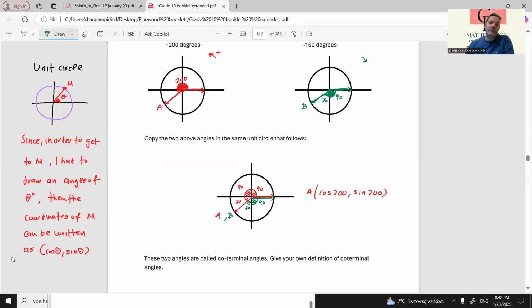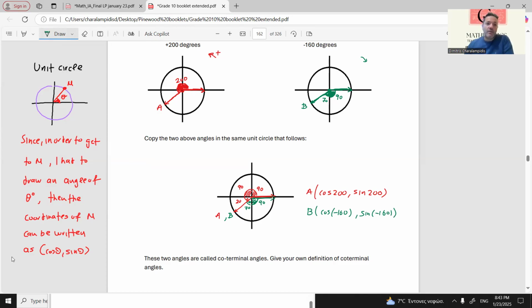Similarly, since in order to get to point B, I had to draw an angle of minus 160 degrees, the coordinates of B can be written as cosine of minus 160, sine of minus 160.